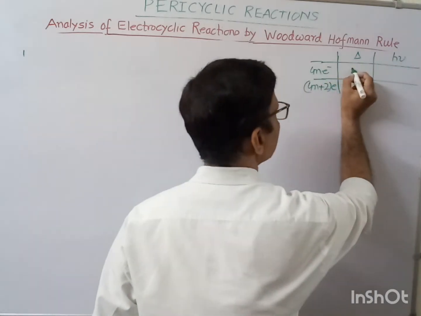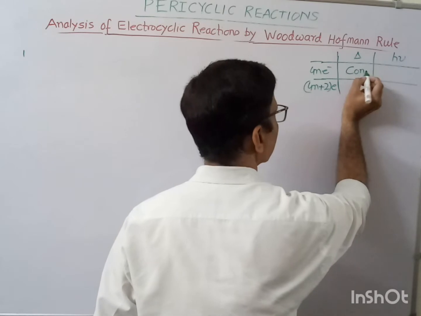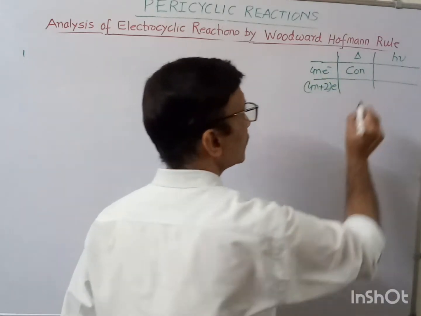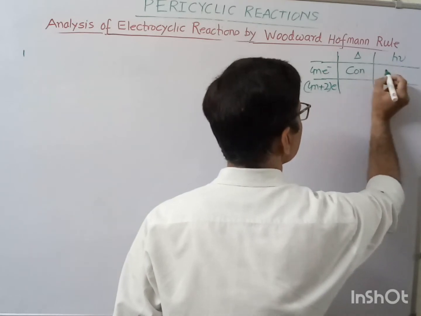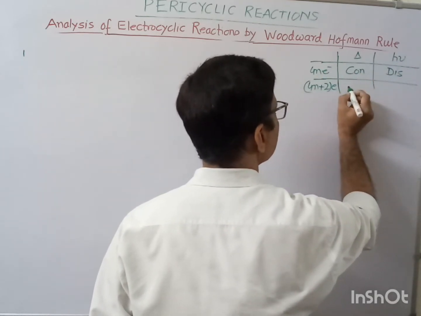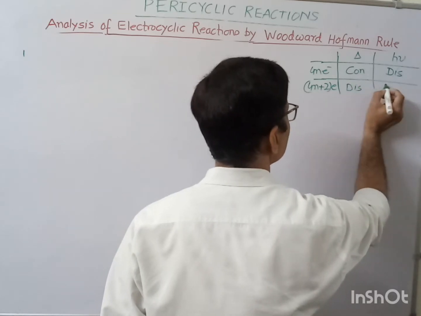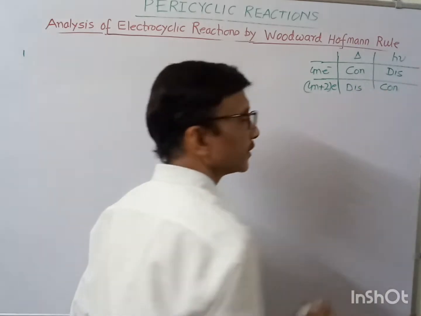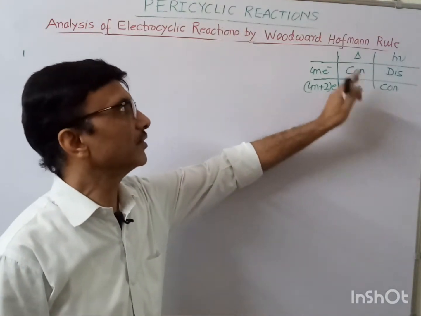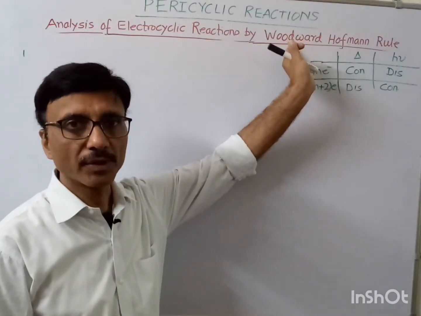Under thermal condition, the end orbitals will undergo conrotation in case of 4n electron system, and under photochemical conditions, these orbitals undergo disrotation. And the opposite is the case for 4n plus 2 electron system. This rule we have to analyze with the help of Woodward-Hoffmann rule.